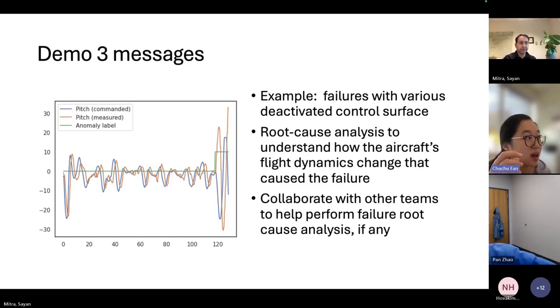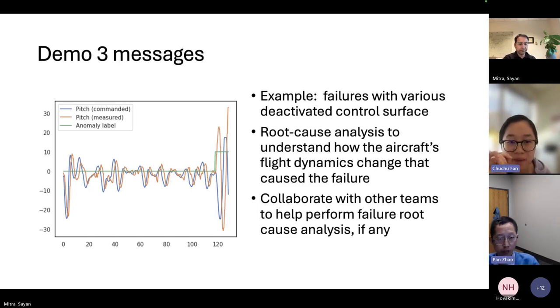So I would imagine that if we do some flight test, we will record that data, and that would be the data we need. I see. Okay, one more question. Is this mainly for runtime detection? It is post-mortem analysis. It's not runtime.